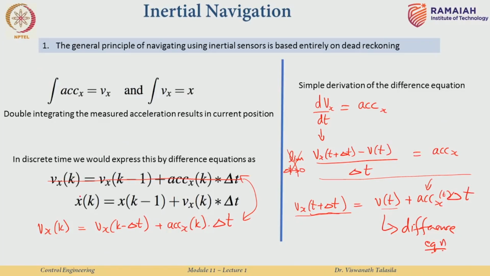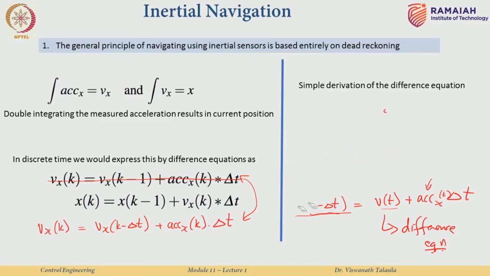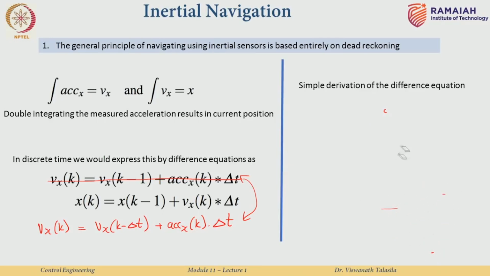So, this is how you compute the velocity from the given acceleration. Now, how would we compute the position? In exactly the same way that we have looked at the computation of the velocity equation. Now that we know the current velocity, which we have computed using the acceleration measurement, we are just going to repeat the same process for computing the position, and that again follows the same rule that dx/dt is nothing but Vx, the velocity.